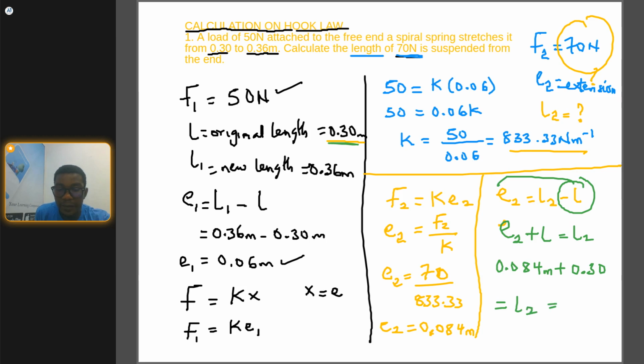Adding the two together, we have the final answer, 0.384 meter. So the new length is 0.384 meter.